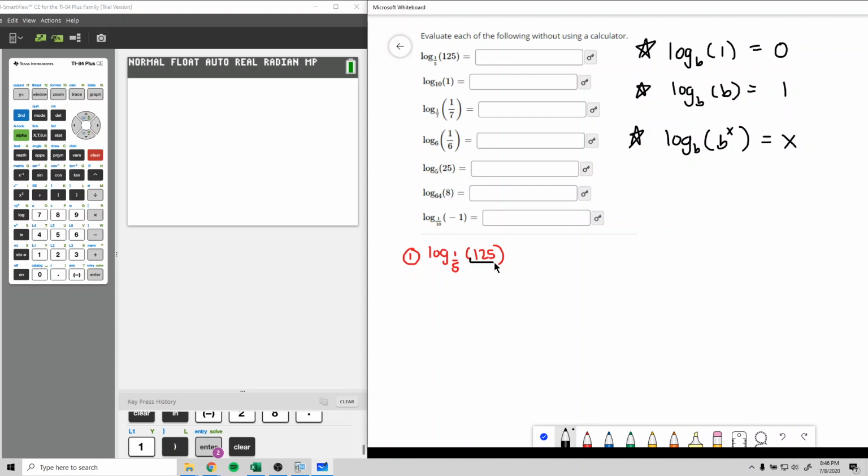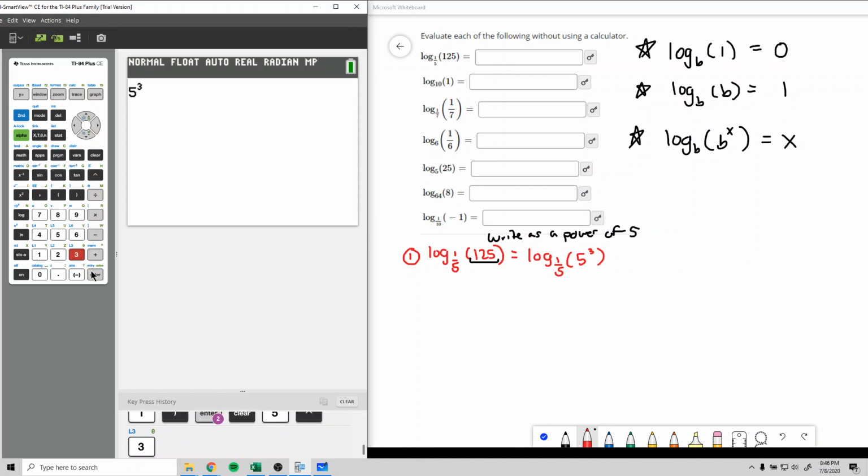We first want to write 125 as a power of 5, and you'll see why we do this in the first step. 125 is 5 to the 3rd power. You can check that with your calculator if you like: 5 raised to the 3rd power is 125.